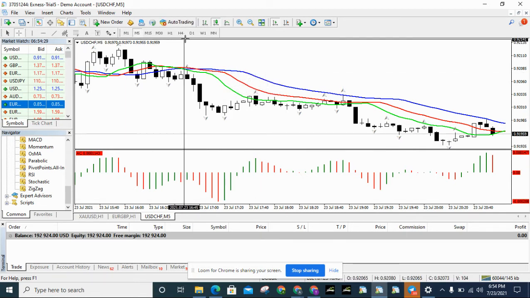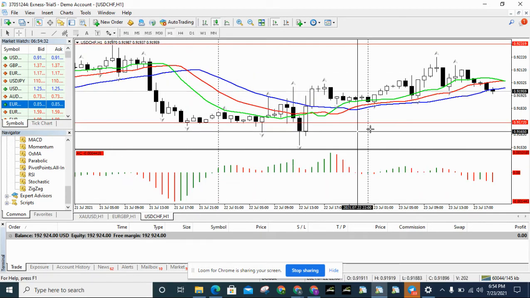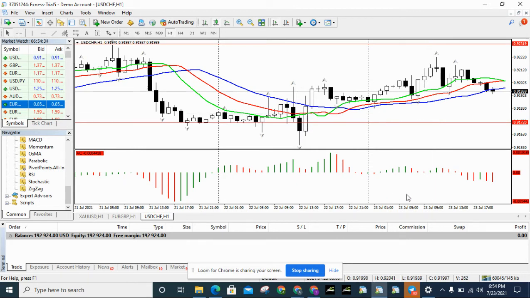Now on 5 minute time frame, let me look at 1 hour time frame. 5 o'clock. This is what is happening. On my 5 minute time frame, it's telling me to sell. Now on my 1 hour time frame, it has not yet indicated sell. It has not yet indicated sell. And you see this candle.